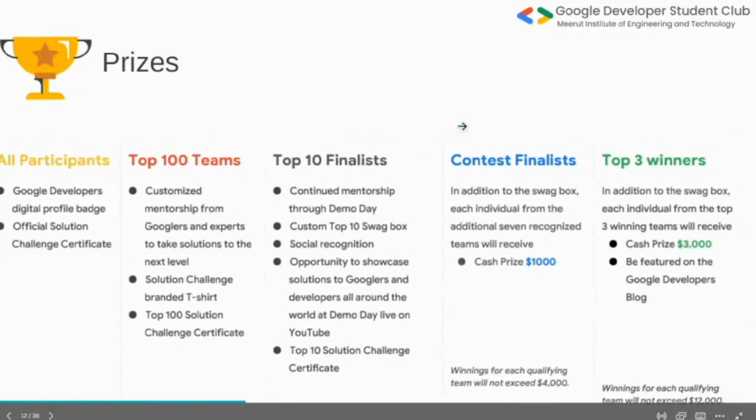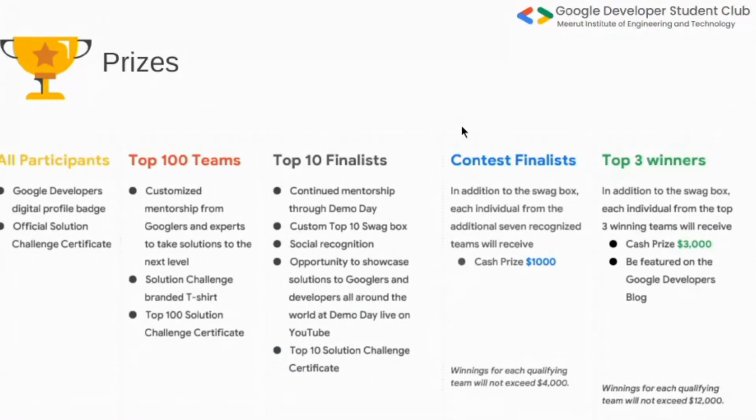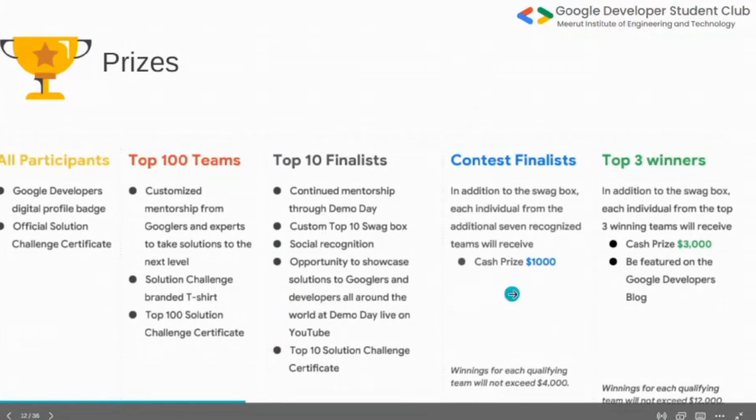Now, the contest finalist will get a cash prize of $1,000, which is equivalent to 82,000 rupees. In addition to this, they will get all that the top 10 finalists get.